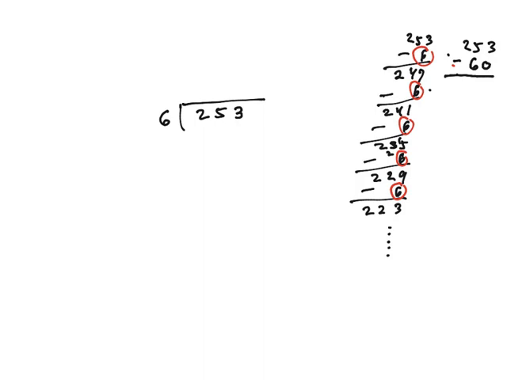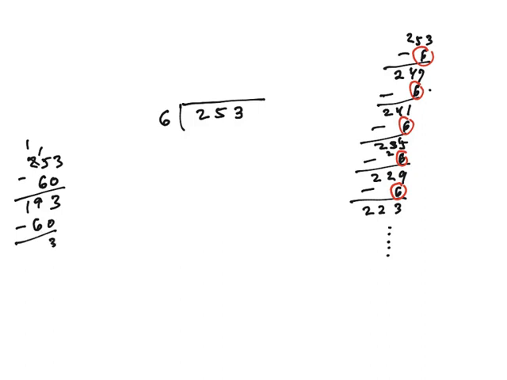Because what I would do, let me move this over here. A concept that's really clever is I don't need to take away 1 six at a time. I could take away 10 sixes at a time. Take away another 10 sixes. Take away another 10 sixes. Take away another 10 sixes.